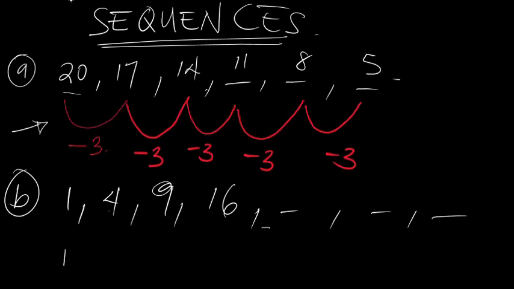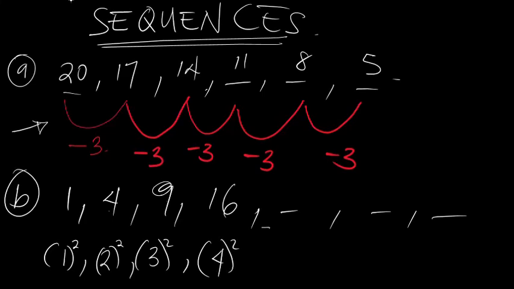But the pattern it takes is, when you say 1, it's a square. This is 2 squared. This is 3 squared, which will give you 9. 4 squared will give you 16. So you see the pattern it follows: 1, 2, 3, 4.